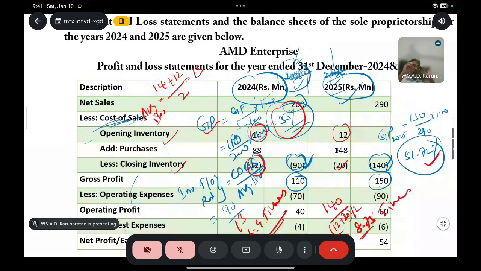This means within 1 year we can turn our inventory into sales 6.9 times. In year 2025, it already increased up to 8.75 times per year. So in 2025, we can see good efficiency in inventory conversion, right?